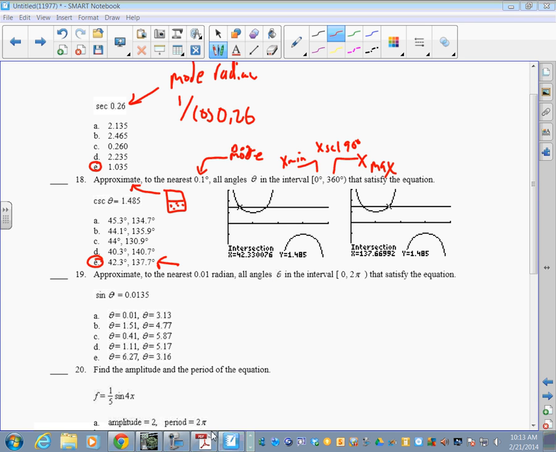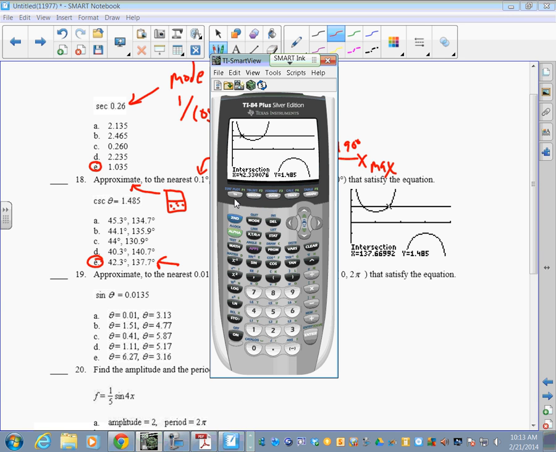So this time we're in radian mode. This time y equals sine 0.0135. Window is not from 0 to 360, but 2 pi. Scale, pi divided by 2.